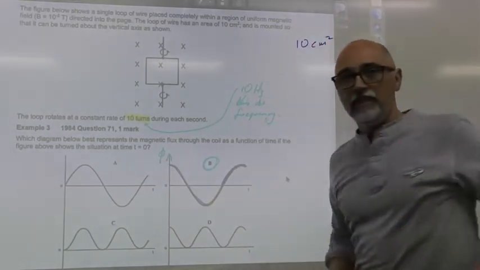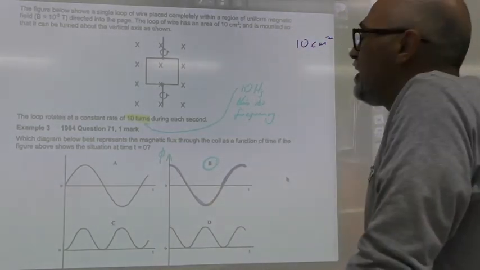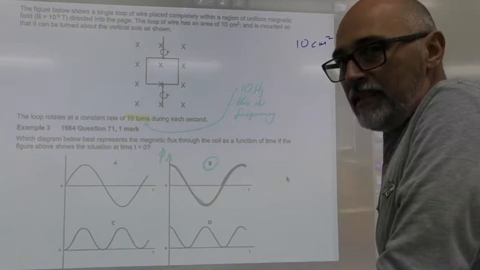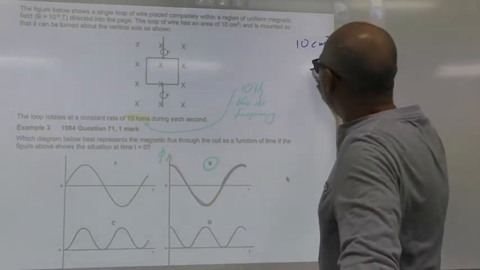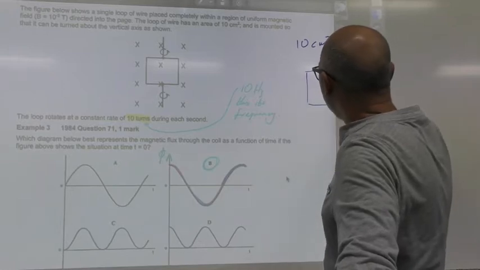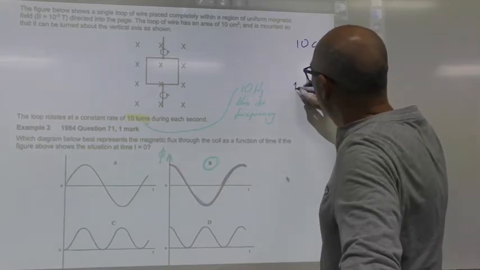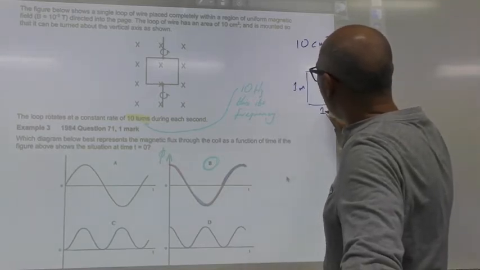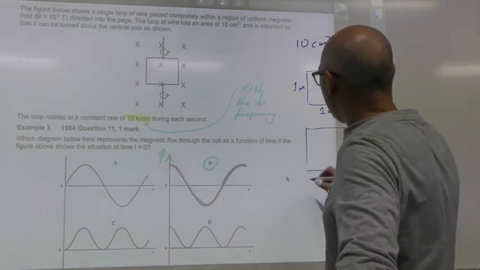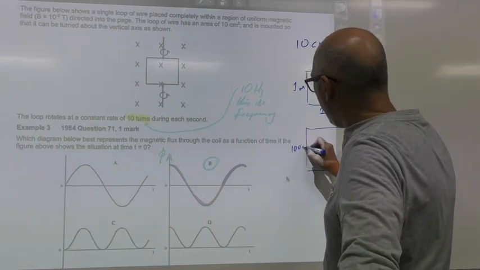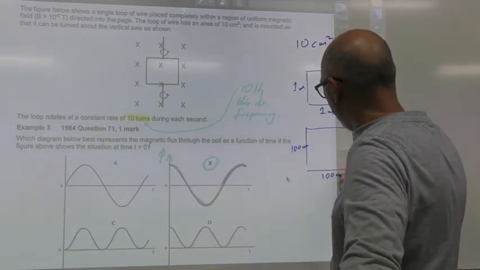all right? How do you convert square centimeters to square meters? Well, 1 square meter is 1 meter by 1 meter, okay? The exact same square in centimeters is 100 centimeters by 100 centimeters.